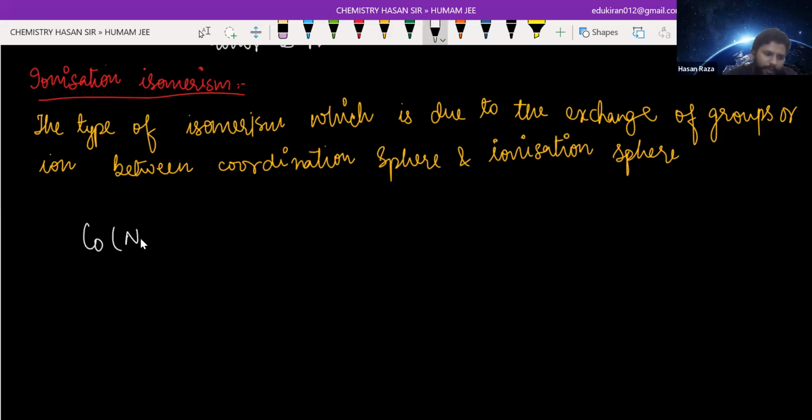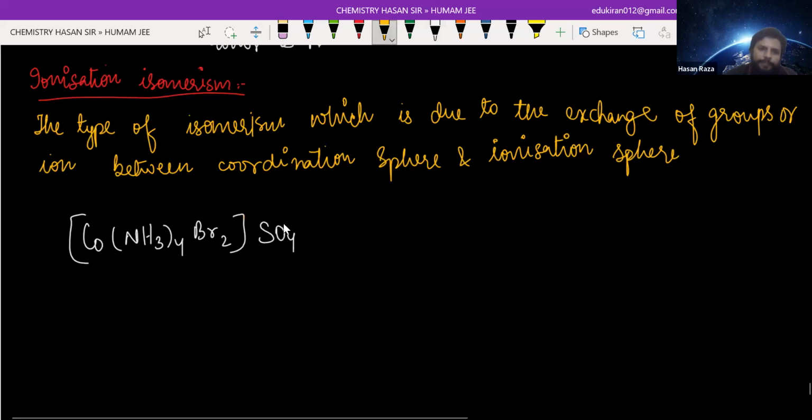For example, we can take [Co(NH3)4Br2]SO4. Now you can see this SO4 is a flexidentate ligand, that means according to the requirement, it can change its denticity. So here the total coordination number is 6.